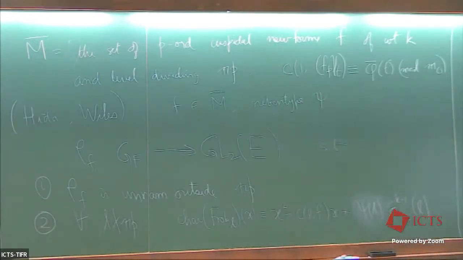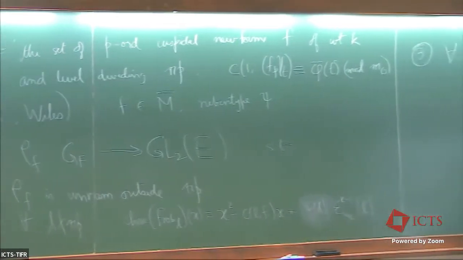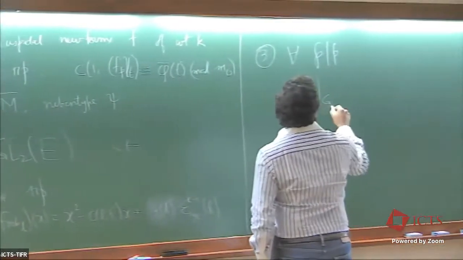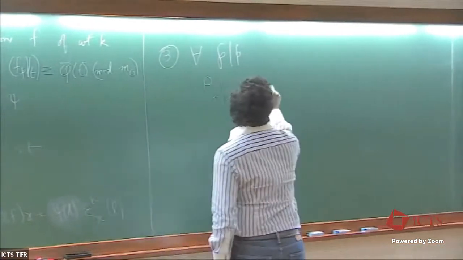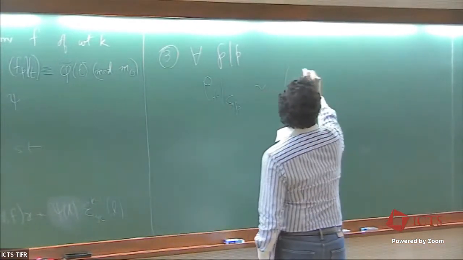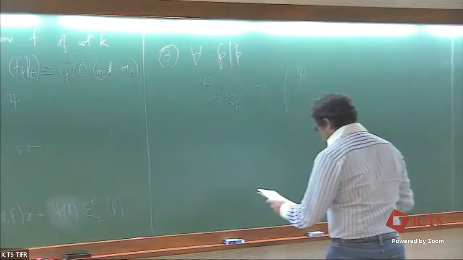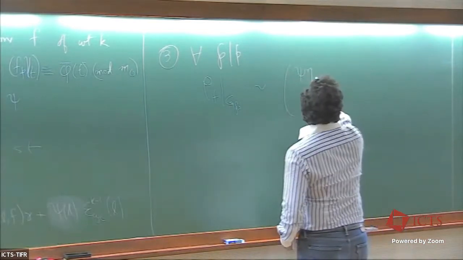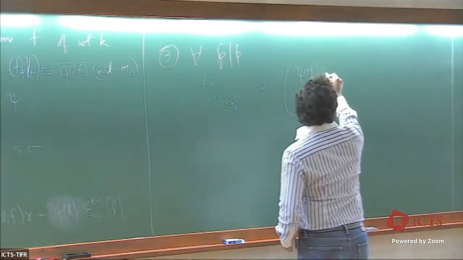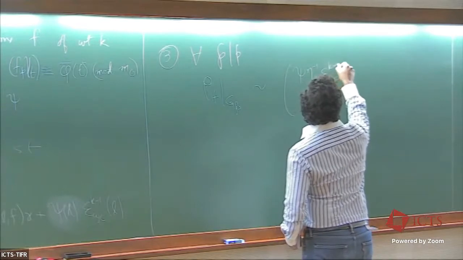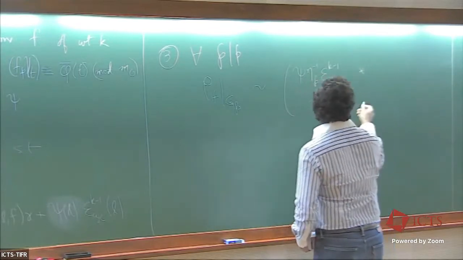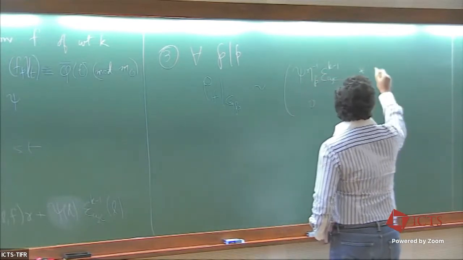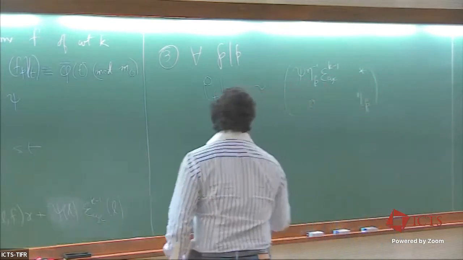Then the third property, which is important, is that this is ordinary at all primes above P. So for p dividing P, rho_F restricted to G_p is of the form psi eta_p inverse times the cyclotomic character, 0 here, and then eta_p, where eta_p is some unramified character.